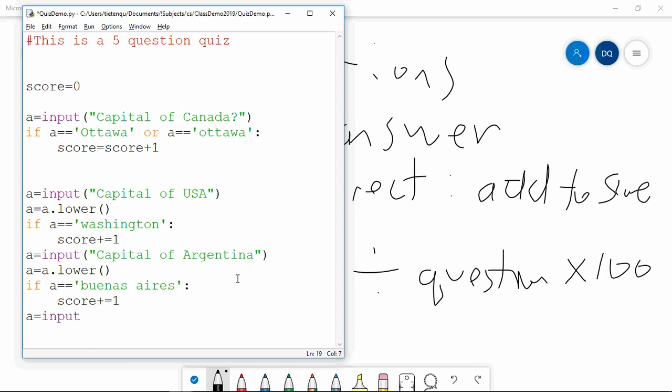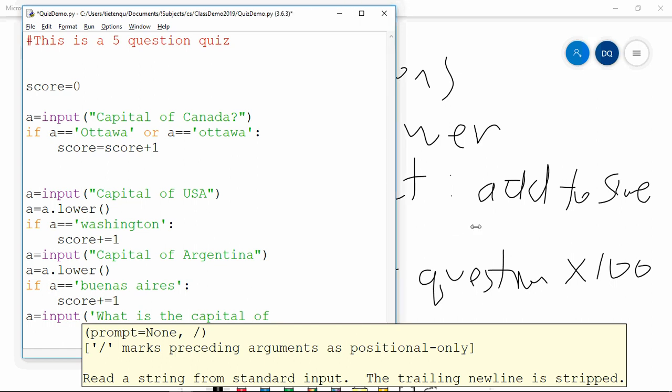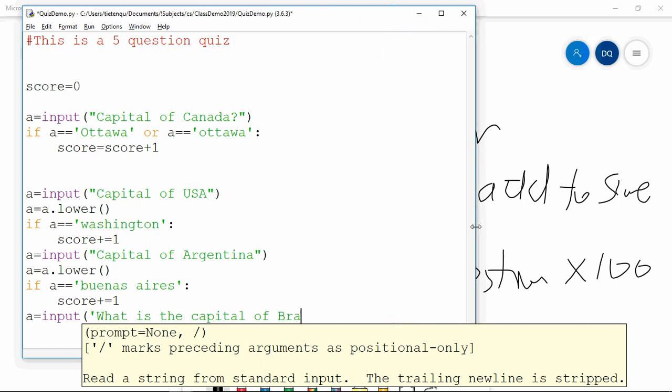A equals input. What is the capital of... I don't know how to spell the answer to Brasilia. That's the capital of Brazil. Oh, I'll go for it here.